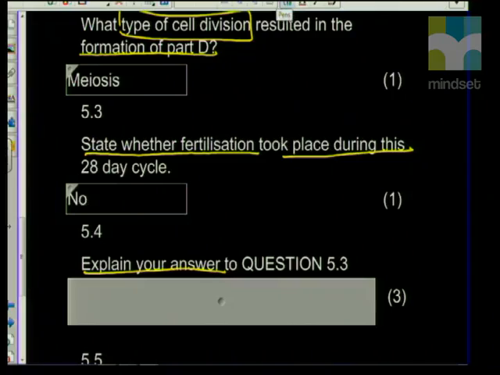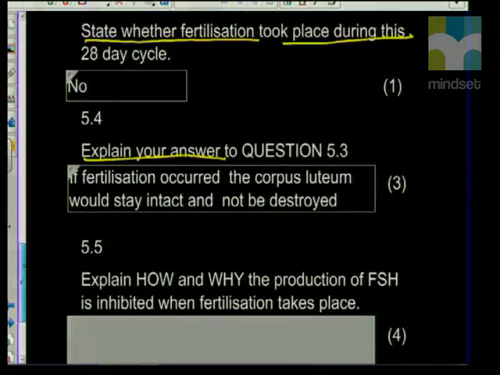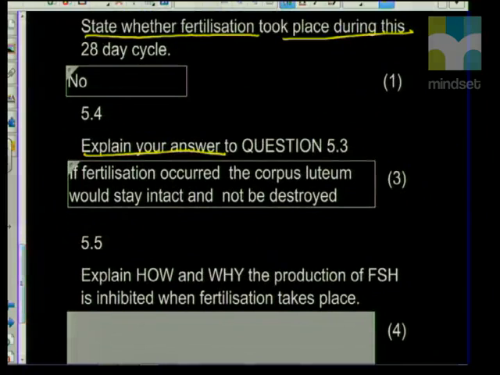Nice and easy, right? Fertilization did not occur, so the corpus luteum would not stay intact, it would be destroyed. In other words, gotten smaller. Nice and easy.